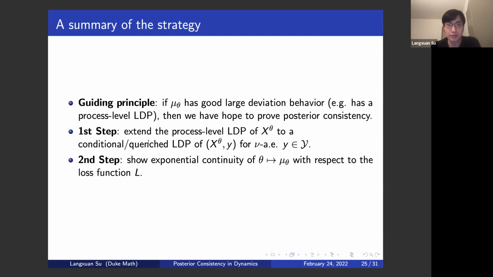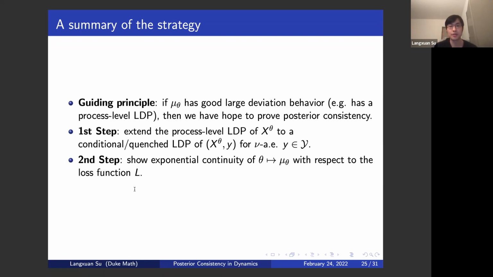And how to do that is that, well, the first step is because you know that mu theta has good large deviation behavior, the empirical process of that has good large deviation behavior, then you can first extend those large deviation behaviors to a quenched large deviation principle. You expand the X with a fixed random environment Y, and prove the large deviation principle for the empirical measure of this by extending the techniques used to prove the large deviation principle of just X. And then the second step is to show exponential continuity of the parametrization map with respect to the loss function.